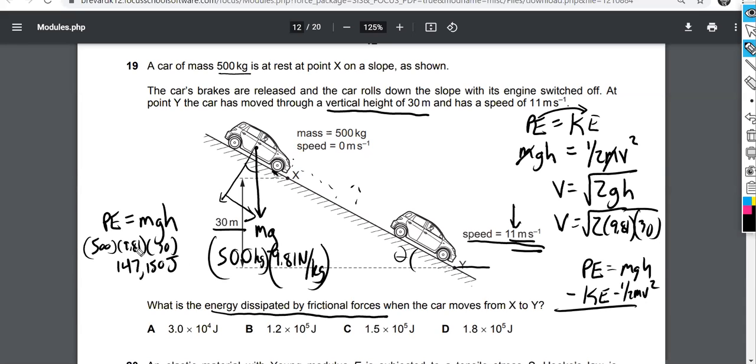Note that if all of this potential energy did become energy of motion, then the velocity would be this: the square root of 2 times 9.81 times 30. So the velocity you get from this that I really want to emphasize now would be like, there is no friction. This is on a frictionless surface. You get actually 24 meters per second.